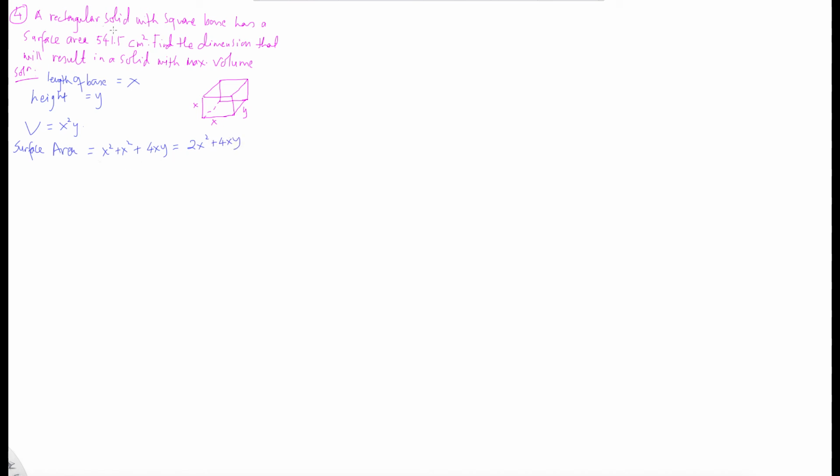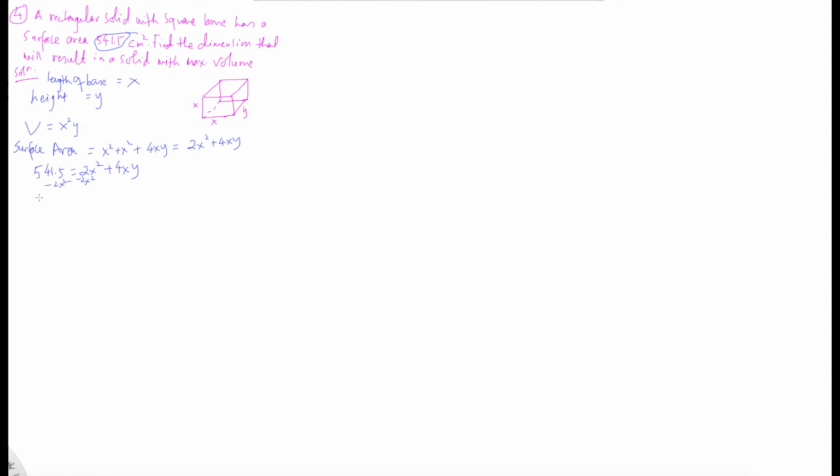That's the surface area. But what is the surface area given? It is 541.5, so you get 541.5 equals 2x squared plus 4xy. I want to solve this for y and use it in the volume. So let's subtract 2x squared.